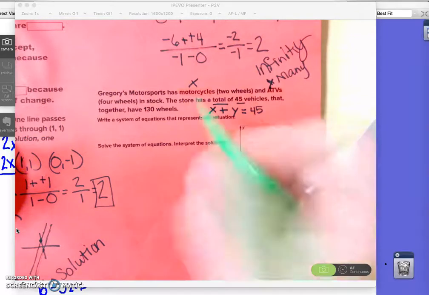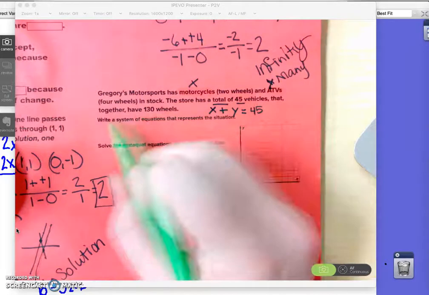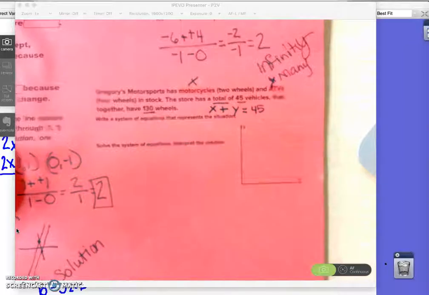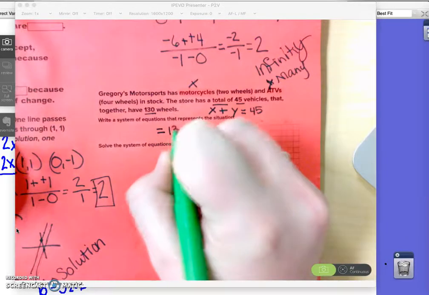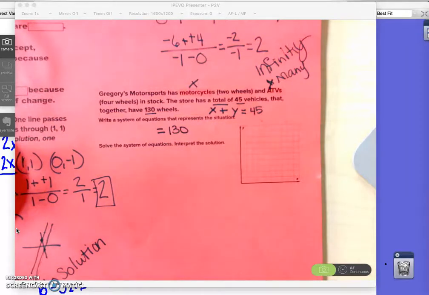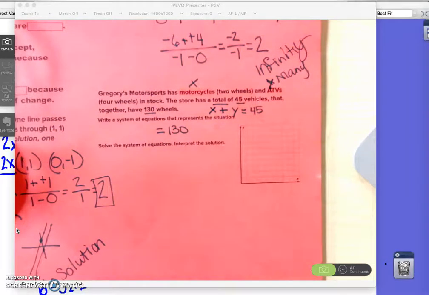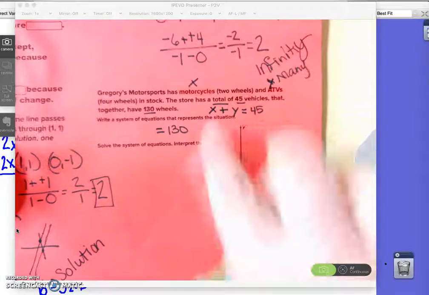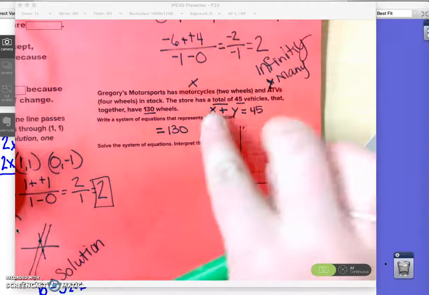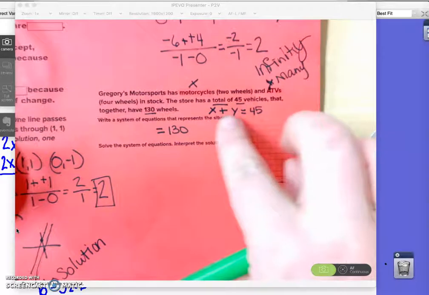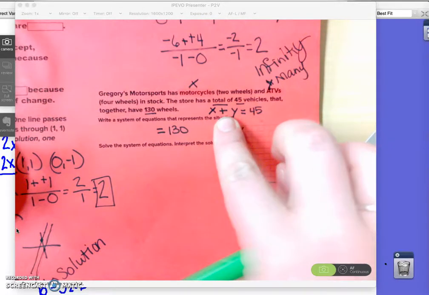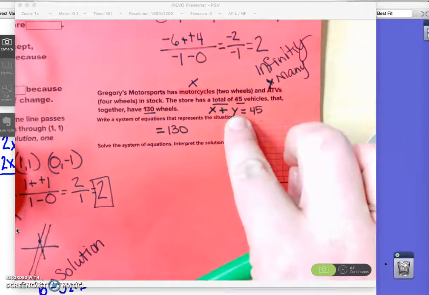Then I'm going to look at my other number, 130 wheels. Well, it's going to equal 130, right? Because that's the total. Well, what added together will get that? The wheels on the motorcycles added to the wheels on the ATVs.